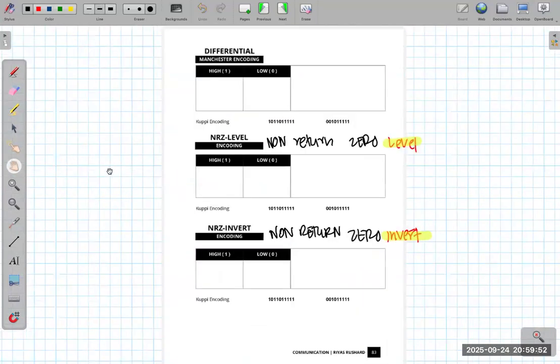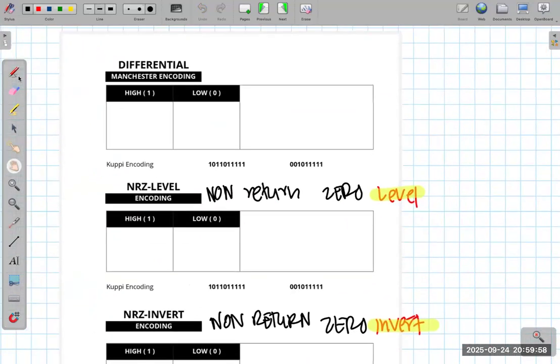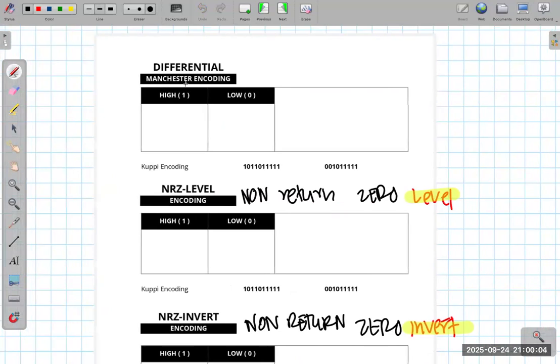Okay, then we do have the differential Manchester encoding. In differential Manchester encoding, how do we represent one? If you wish to represent one, it goes from low to high. We are learning how to represent digital signals as digital bits. If you want to represent one, we represent it from low to high or high to low in differential Manchester.